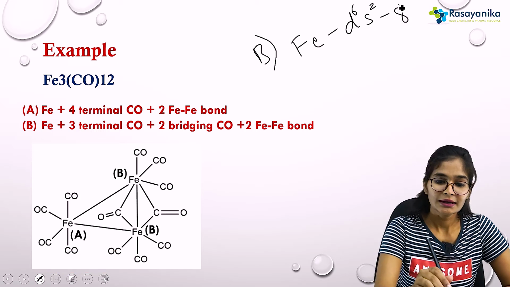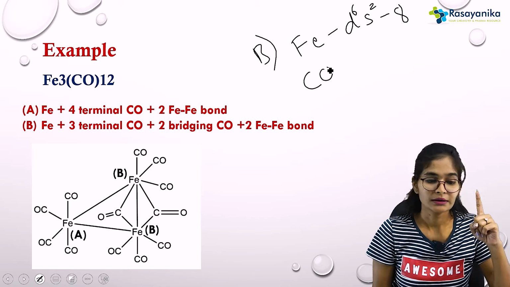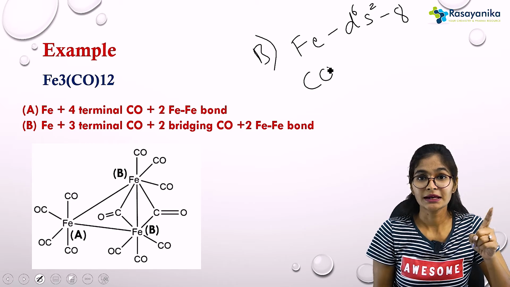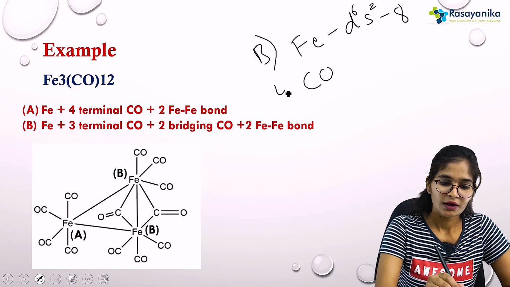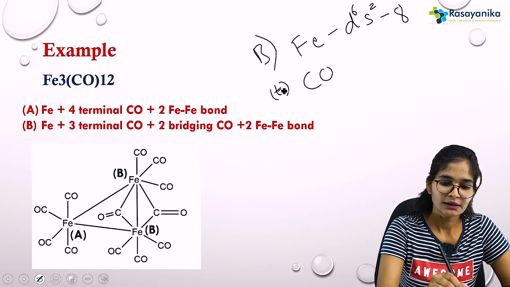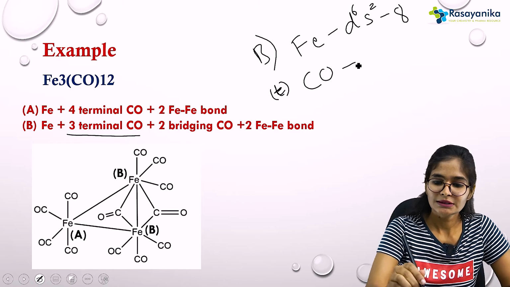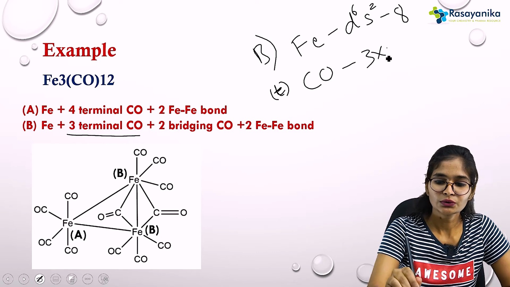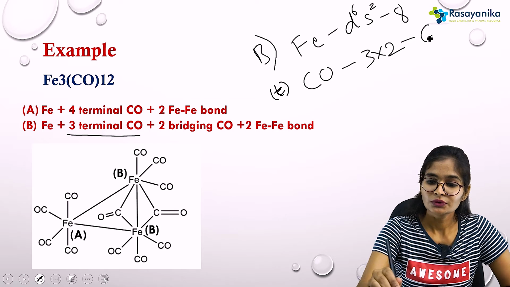Apart from that, again CO you have, and it is of 2 types. One is terminal type, another one is bridge type. So if you have terminal type, how many? You have 3 terminal CO, so 3 into 2, as it will always contribute 2 electrons, right? So it will be equal to 6.